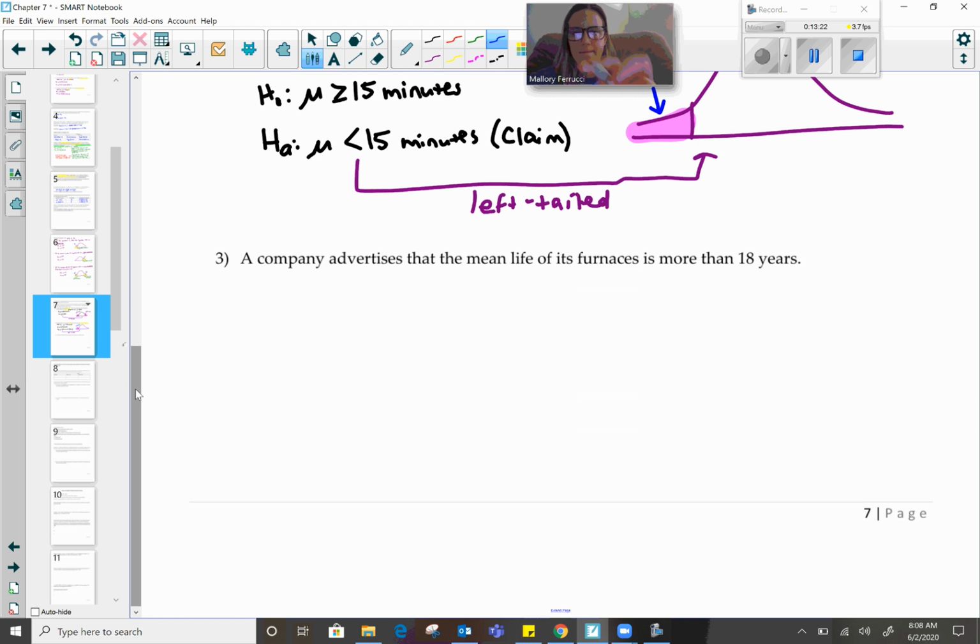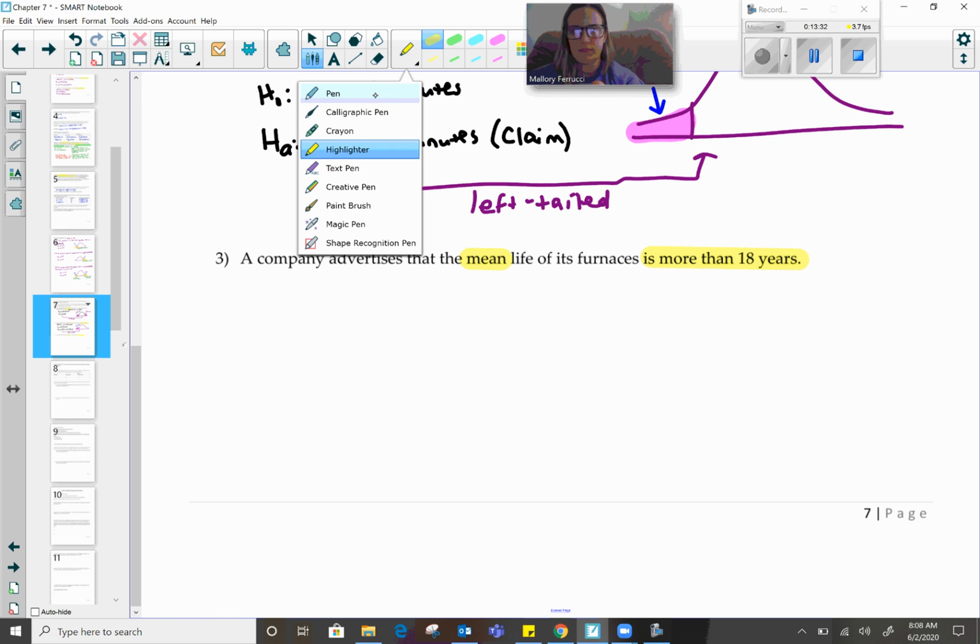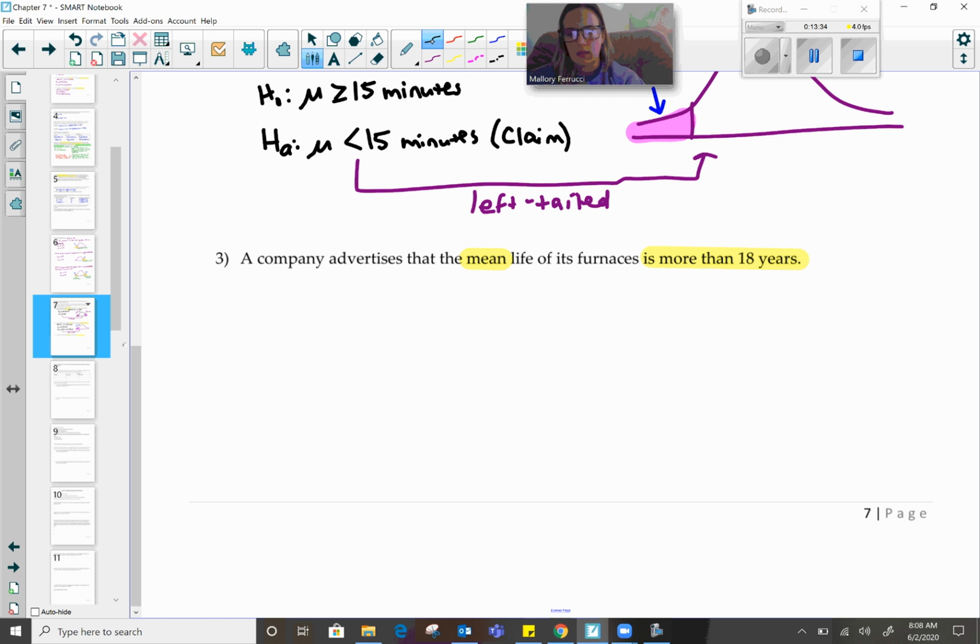Last one. A company advertises that the mean life of its furnaces is more than 18 years. So that's a mean. So, mu, and it's more than 18 years.